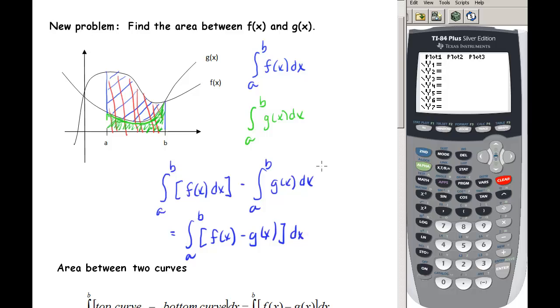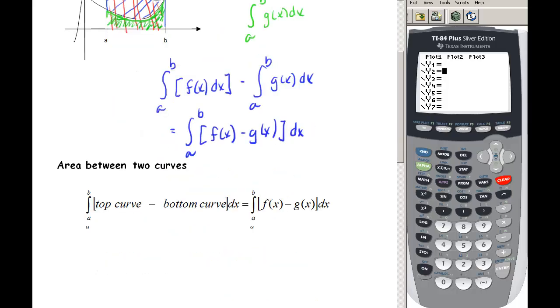So let's look at the general formula. To find the area between two curves, you take the definite integral of your top curve minus your bottom curve. So if we look at our region again, it looked kind of like this.